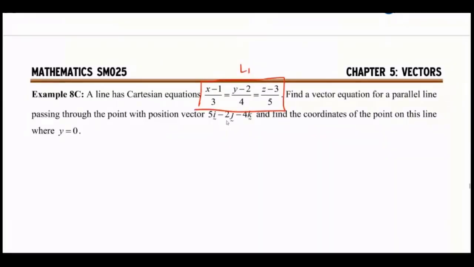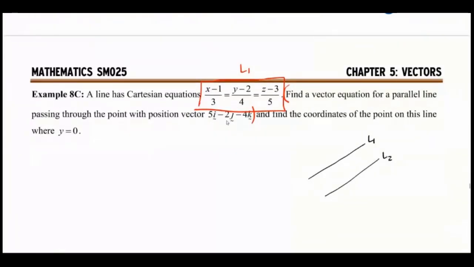Find a vector equation for a parallel line passing through the point with position vector of this one. Find the coordinate. We go through the first part first. This is line one, which is already given. Now you want to find the other line.